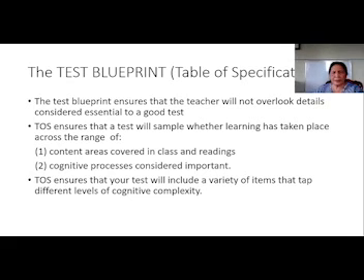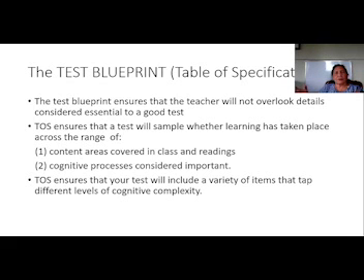Now, why is it important that you prepare your TOS? The TOS ensures that your test will include a variety of items that tap different levels of cognitive complexity. What does this mean? You will have to have items under knowledge or remembering, and then understanding, which are the two lowest levels of cognitive dimensions.